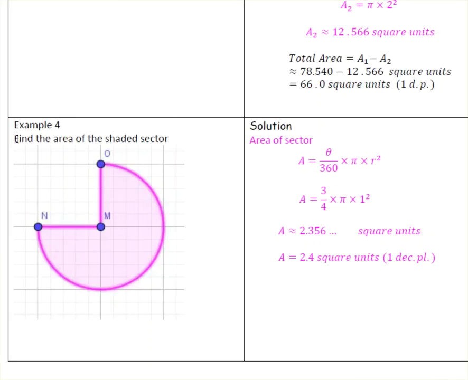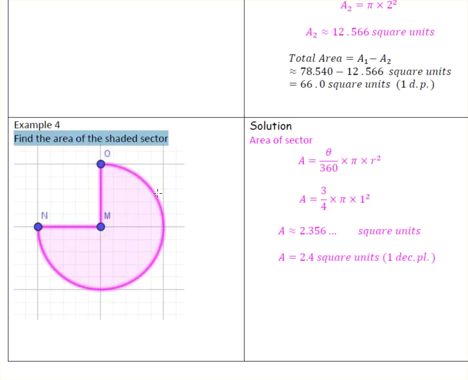Example 4 says find the area of the shaded sector. So you can see here that we have this shape here. So we've got 3/4 of a full circle. So 3/4 times pi times 1 squared. So we've got theta over 360, or we can use the fraction.